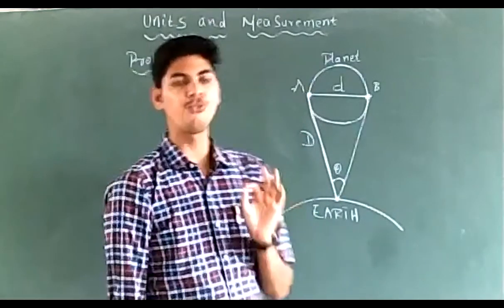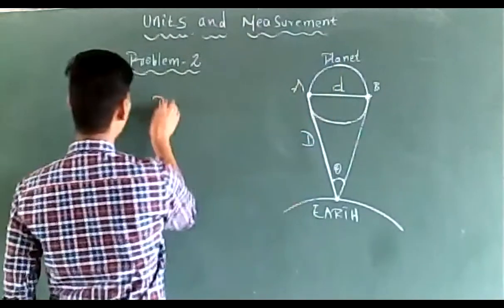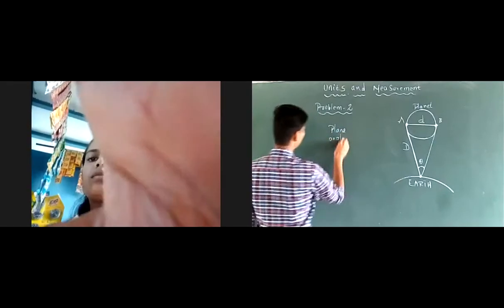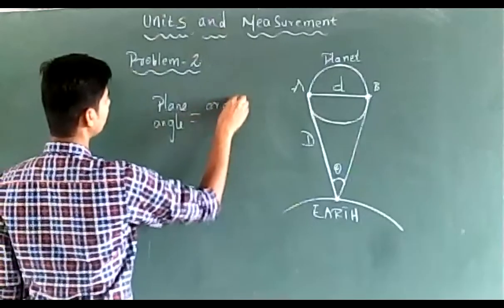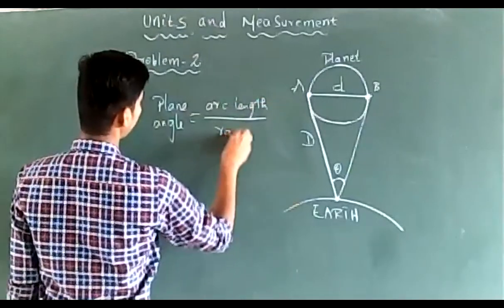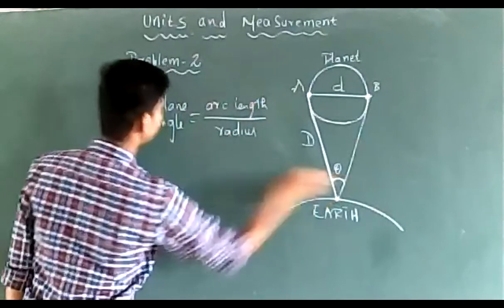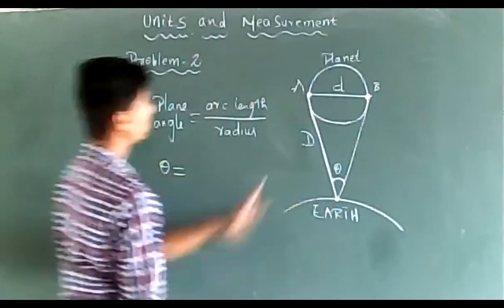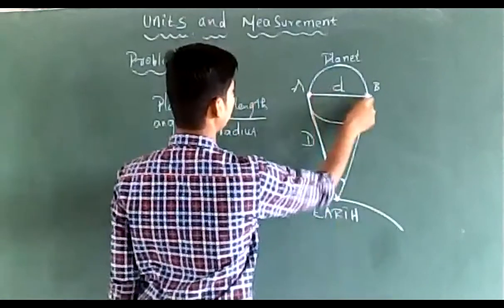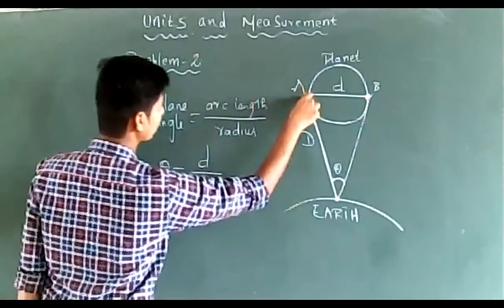Now, if we make use of the plane angle formula, we have plane angle is equal to arc length divided by radius. The angle subtended is theta. This basis behaves like the arc of the circle. Arc length is d, divided by radius.